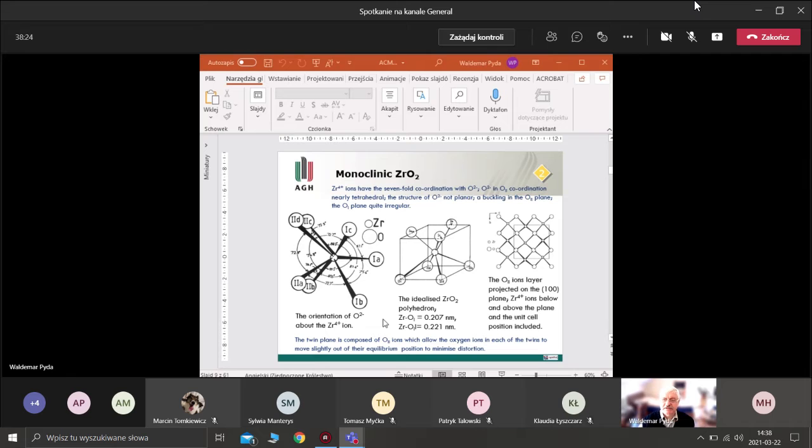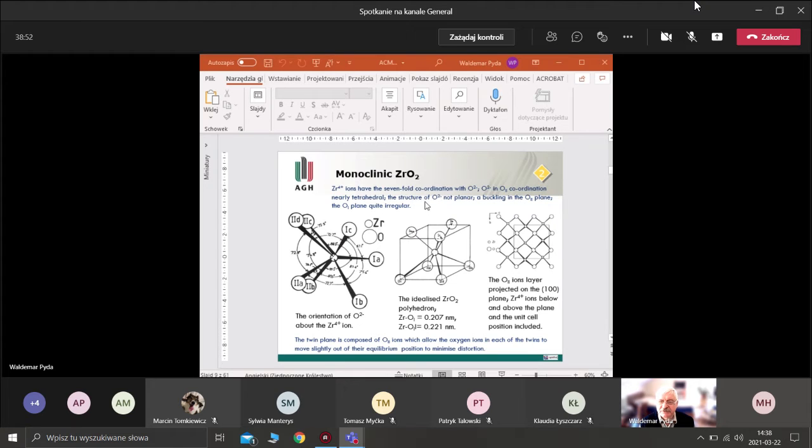Let me say the arrangement of oxygen ions when we consider the planes which are occupied by oxygen ions. To be honest, I don't know. You don't know? Okay. What about this information? How do you understand it?